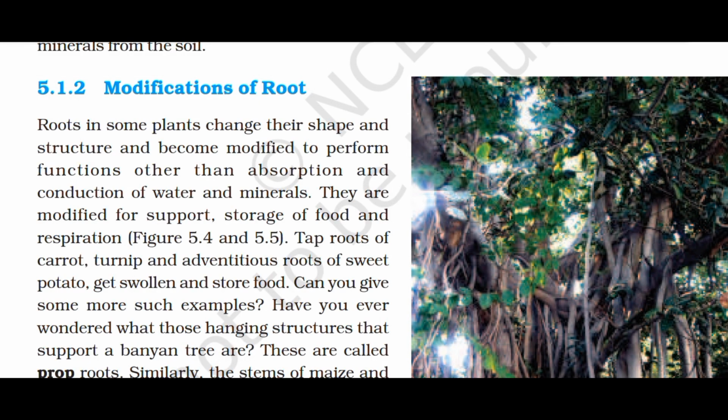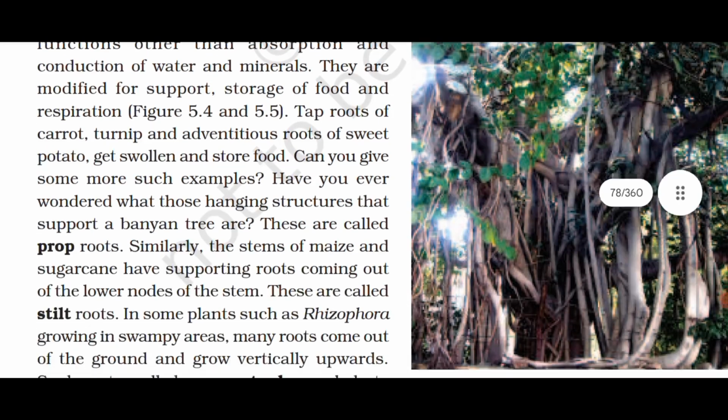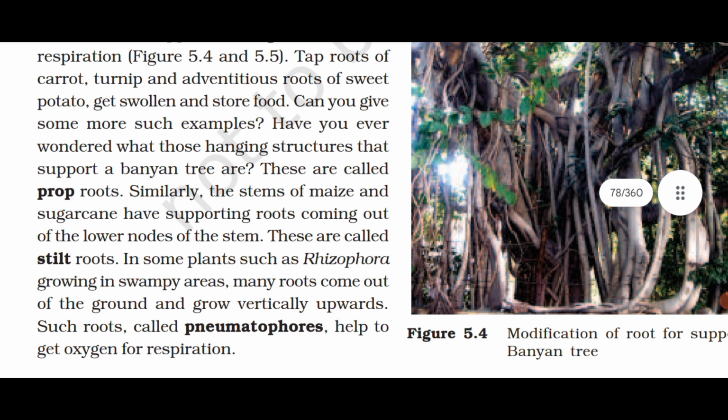Can you give some more examples? Have you ever wondered what those hanging structures that support a banyan tree are? These are called prop roots. Similarly, the stem of maize and sugarcane have supporting roots coming out of the lower nodes of the stem.